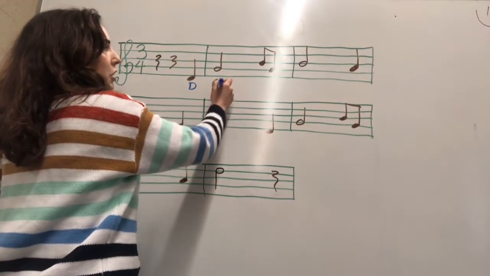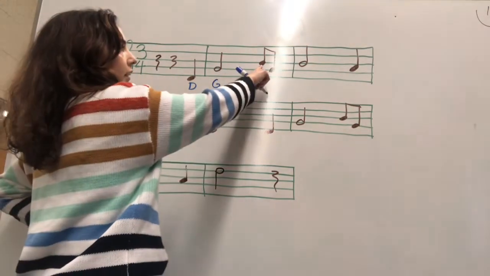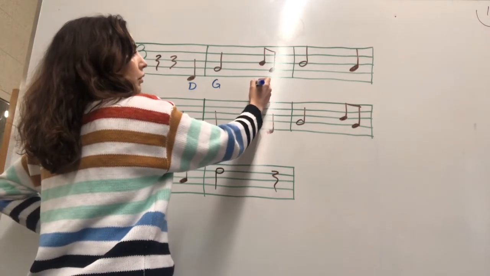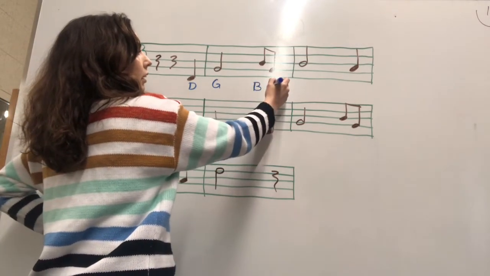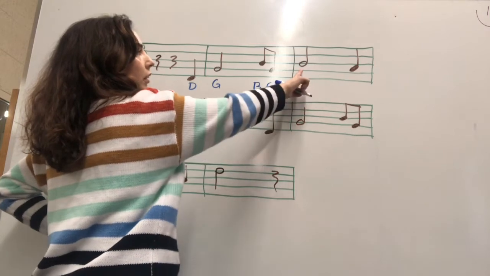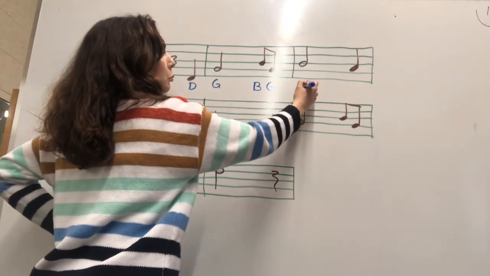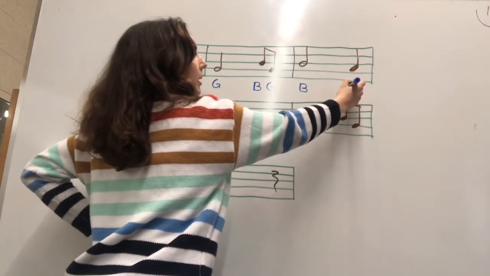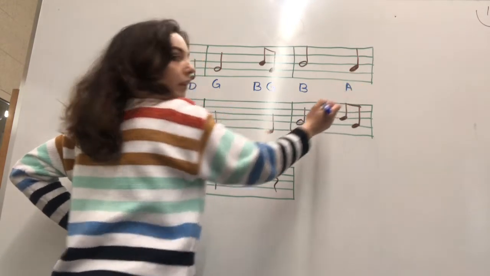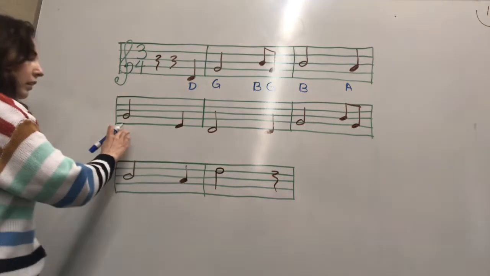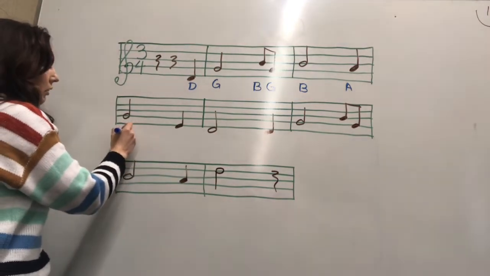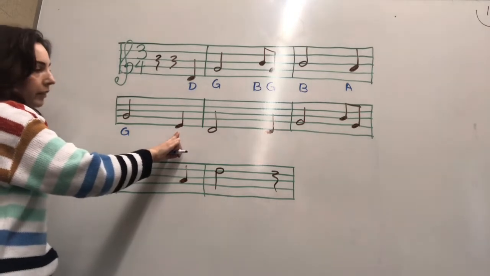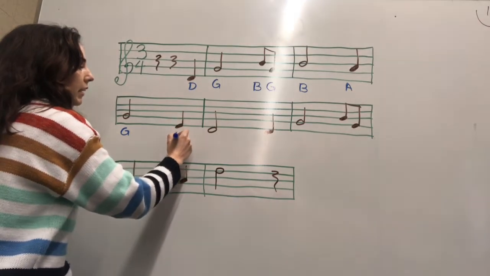That one's G. These two right here, we have B and then G. This one here, B. This one is A, G on the second line. On the bottom line, that one is E.